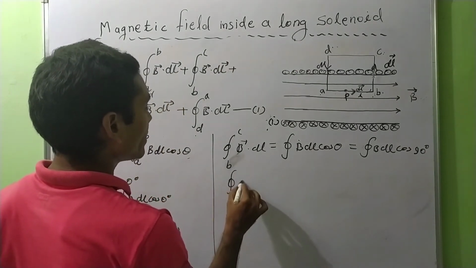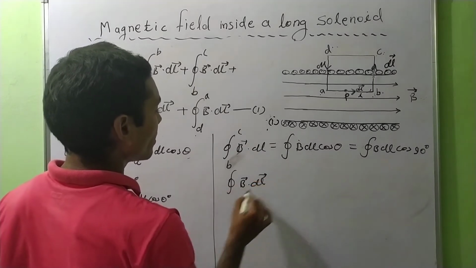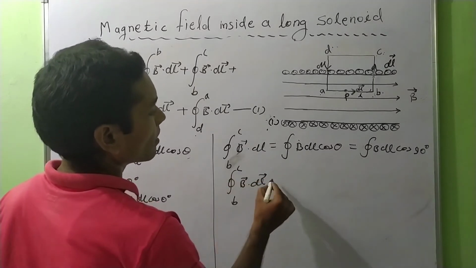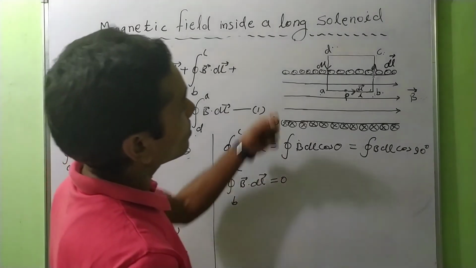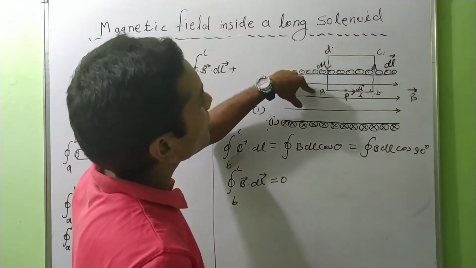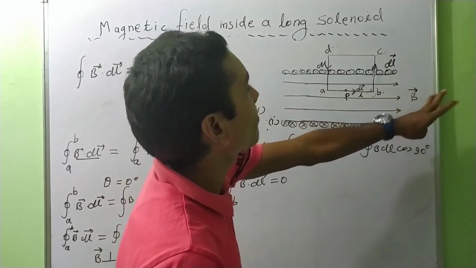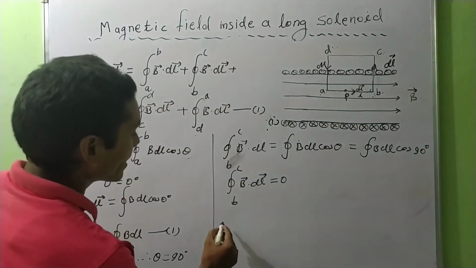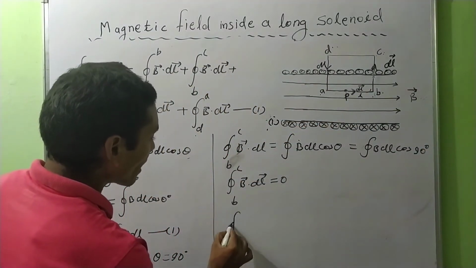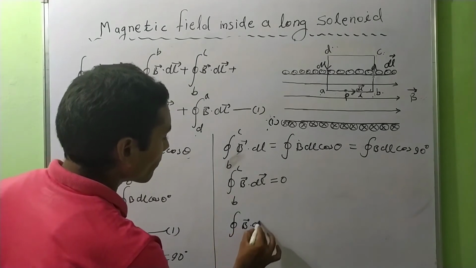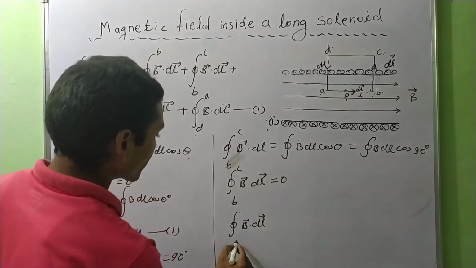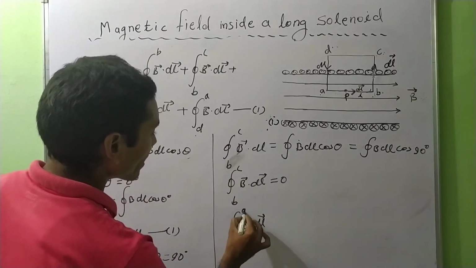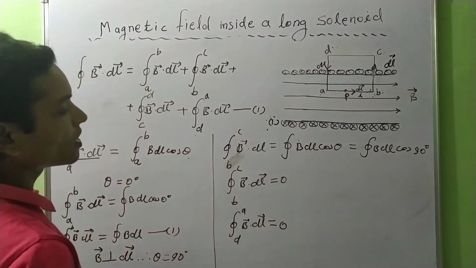That's why the line integral of magnetic field along BC will be 0. Because path DA is also perpendicular to the direction of magnetic field, the line integral of magnetic field along DA will also be 0.